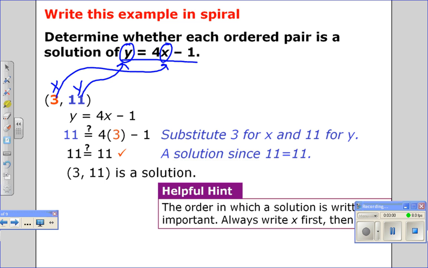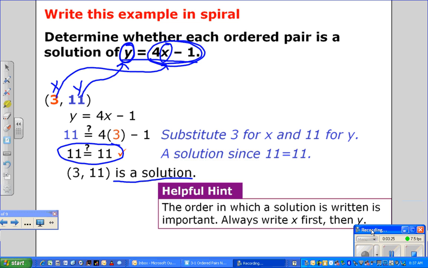That's what the equal sign means. Would what I get here match with what I get here? Are they equal? If you write this down and look at the steps that are being taken, in fact, it is equal, which means that (3, 11) is what we call a solution to this equation, and that's what we're looking for.